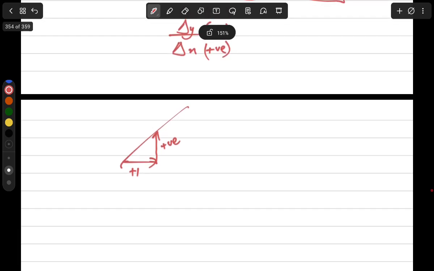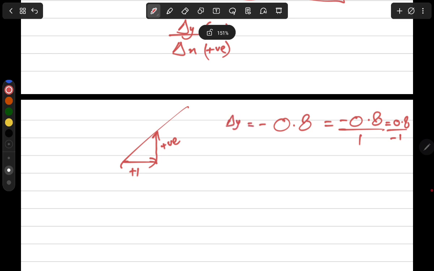Now however, if the gradient is negative 0.8, then what is it actually? So this is negative 0.8 over 1, or 0.8 over negative 1. Now we know that this is nothing but change in y over change in x.